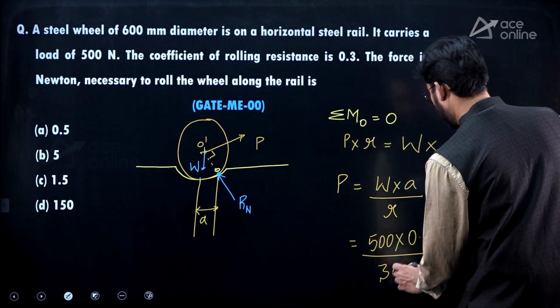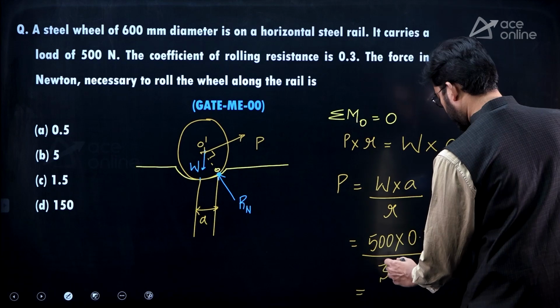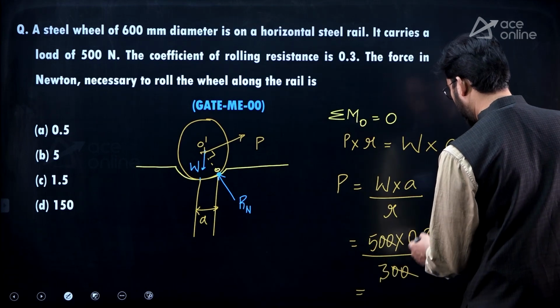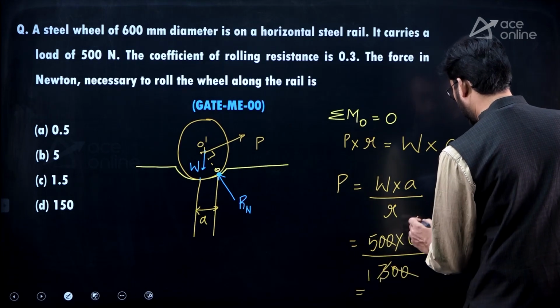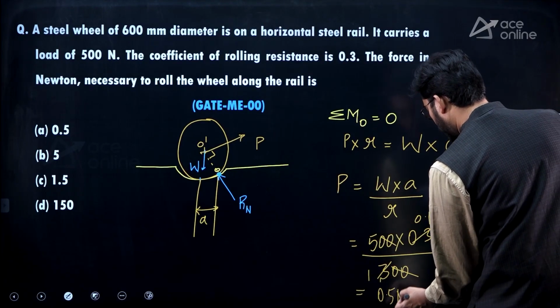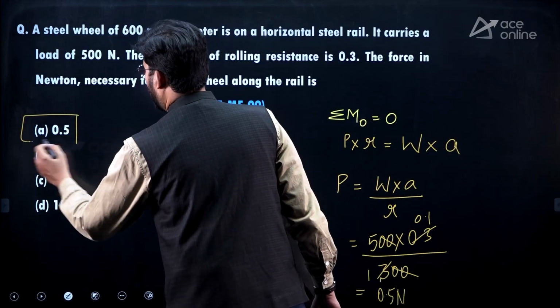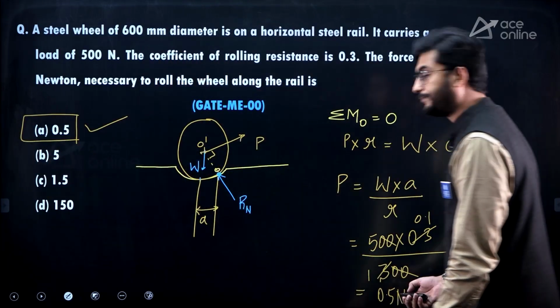Okay, so this is 300. So the zeros cancel, and this is 3. This will be 3 ones, and 5 into 0.1 is 0.5 Newton will be the force that is required to roll. Option A is the answer.